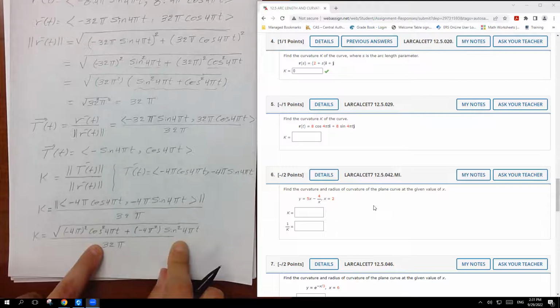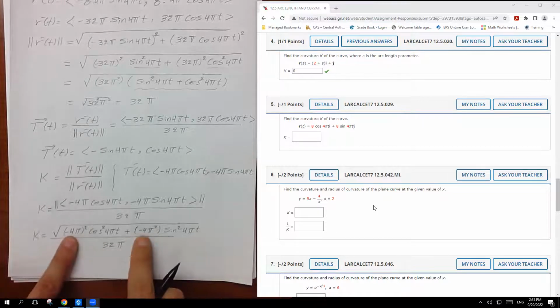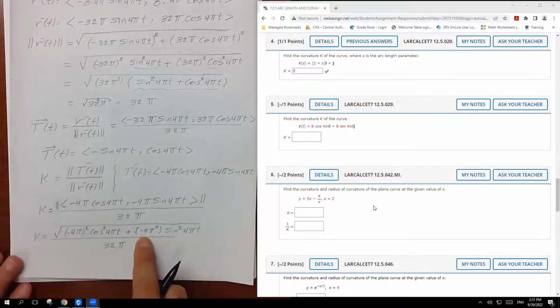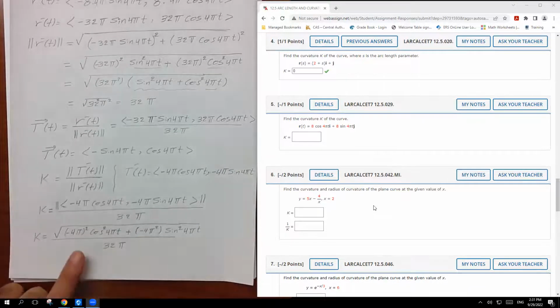Sine and cosine is going to be 1. This one and this one is going to be 16 pi squared, you're going to take it out. So it's going to be 4 pi over 32 pi.